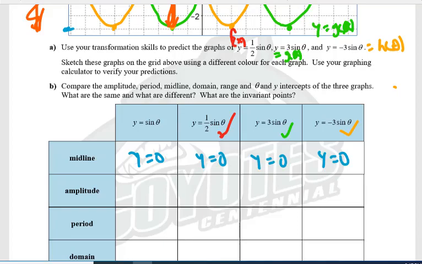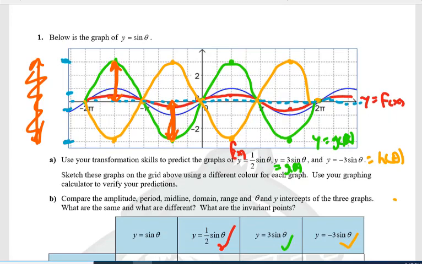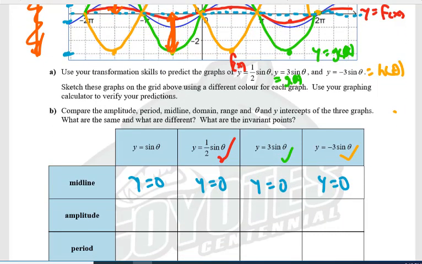With y equals sine x, with the original graph, and I know this is starting to look a little cluttered now, we had a maximum of 1 and a minimum of -1. The amplitude goes from your maximum down to your midline, and so your amplitude is 1.